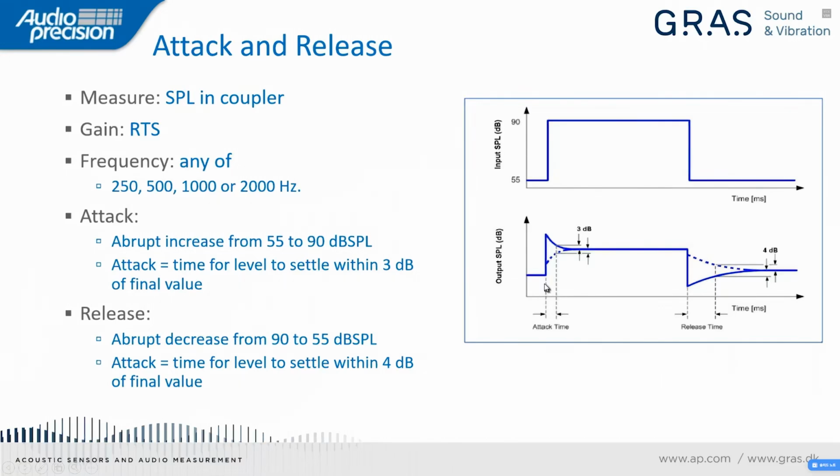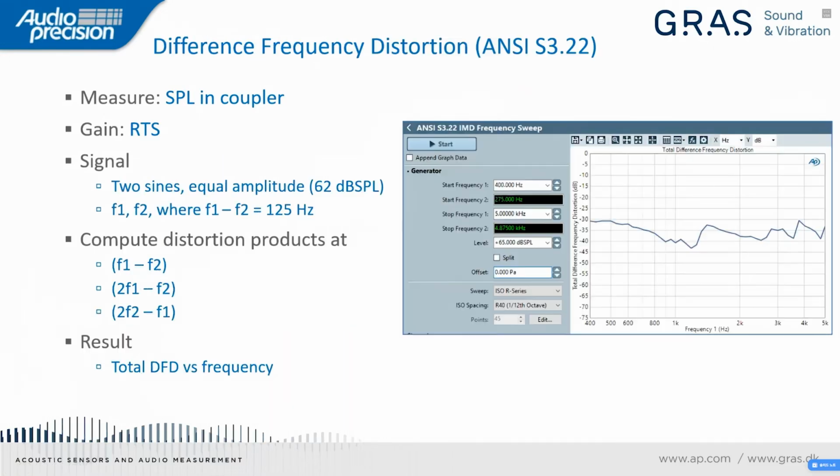Some other metrics are for difference frequency distortion or intermodulation distortion. Audio Precision has had intermodulation distortion measurements in our analyzers for many years, but we've added new measurements for the hearing aid tests just recently because they're a little bit different from the ones that are typically used in audio test.